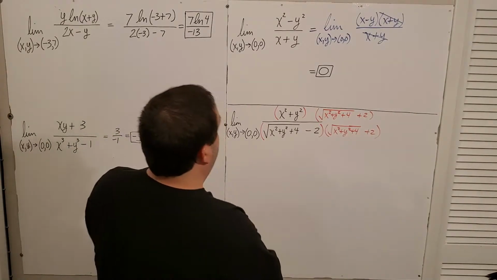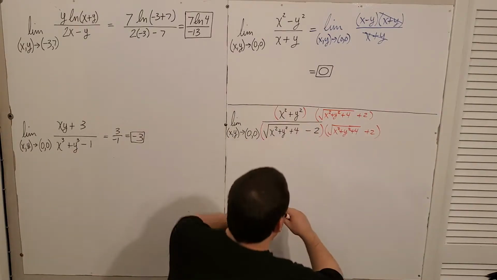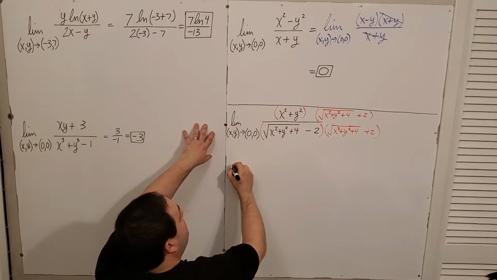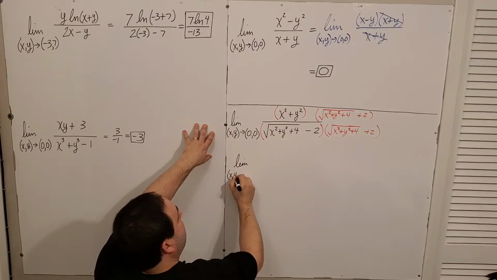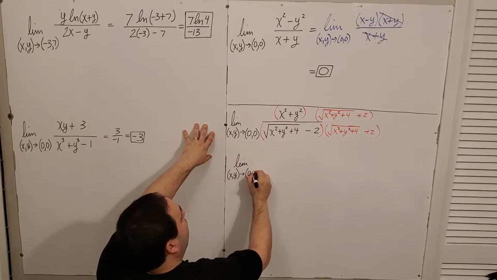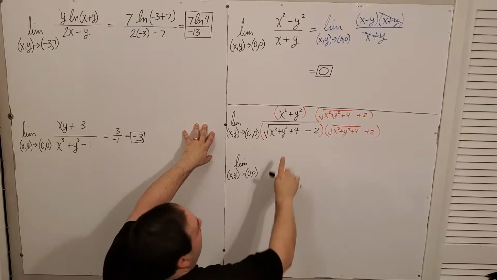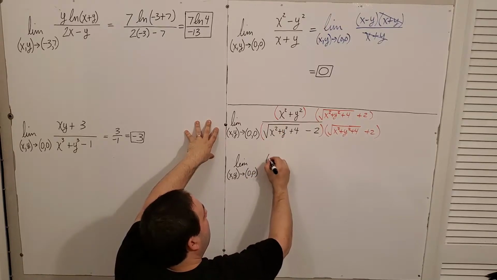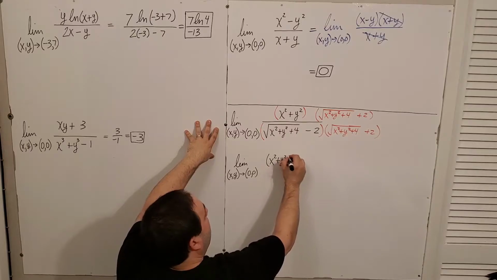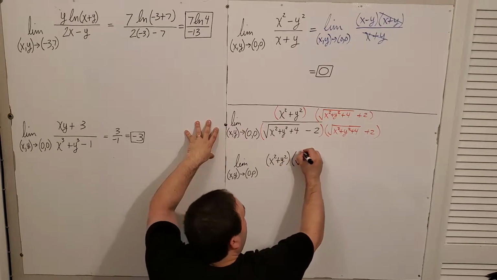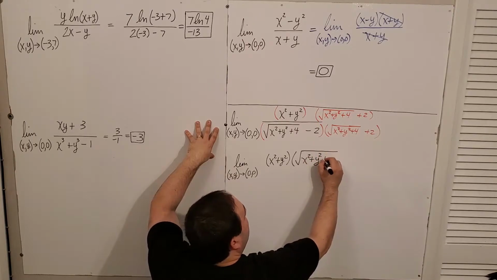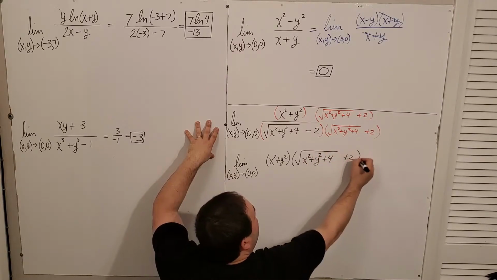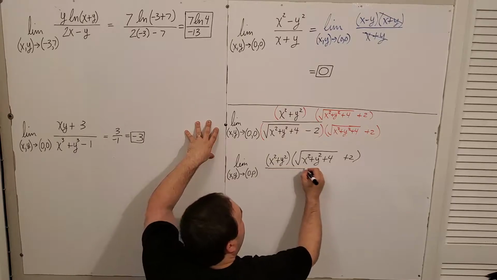So, when I do this multiplication here, I'm still left with a limit, right? Because this is a stall tactic. I'm not performing the limit yet. And then I have x squared plus y squared times the square root of x squared plus y squared plus 4, all plus 2, divided by.